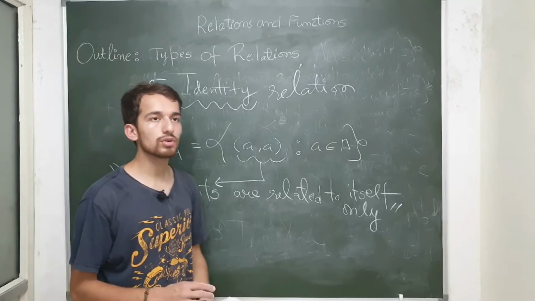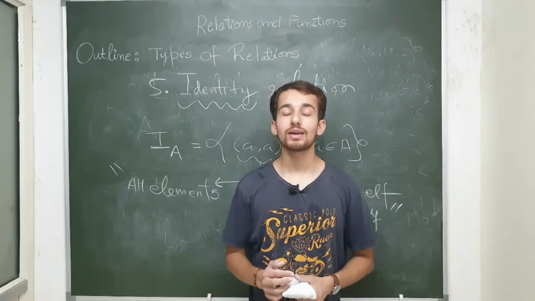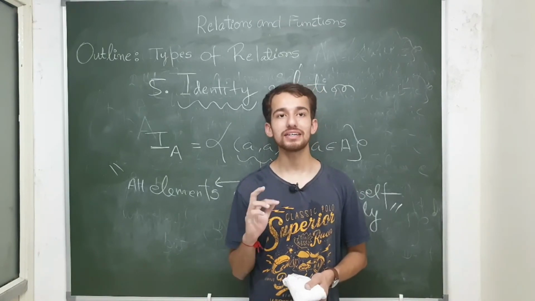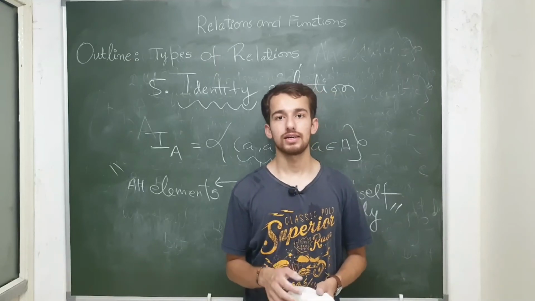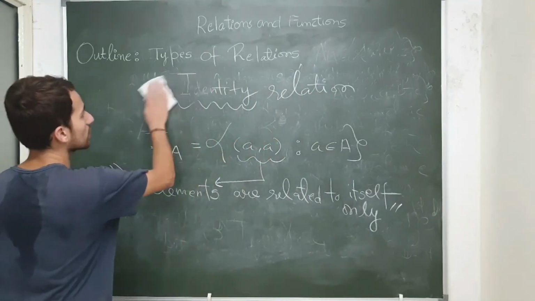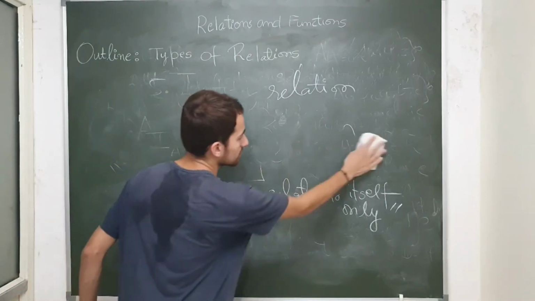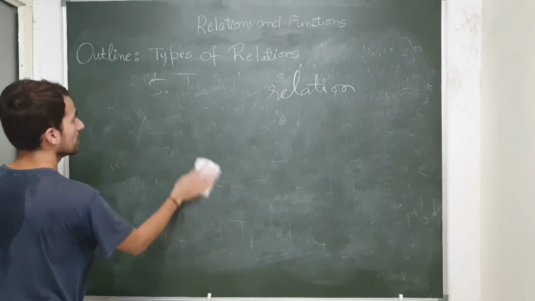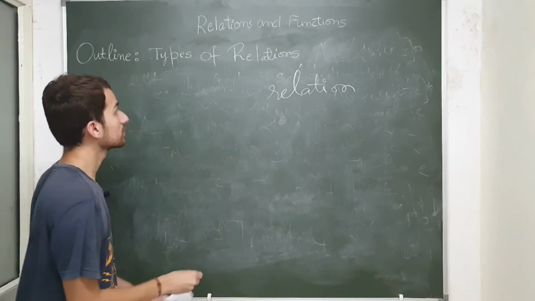So we have understood almost all the major types of relation. Now there remains only one important relation. It is not a type, but it is a relation which you want to understand: the inverse relation. Listen, we try to understand the last relation, the inverse relation.